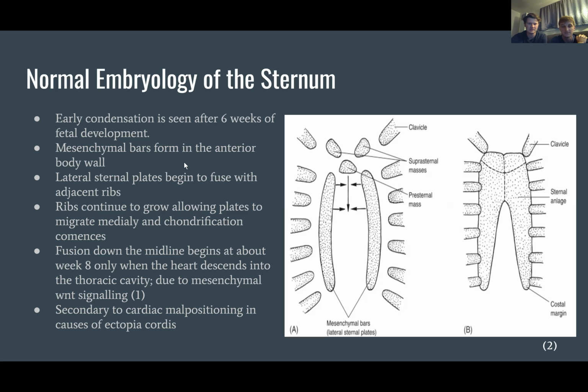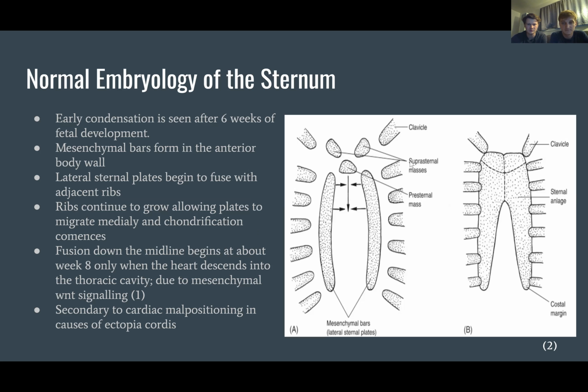Here we see the beginning stages of this sternal development. We have these mesenchymal bars, also known as lateral sternal plates, which are embedded within the anterior body wall. As those begin to condense, they'll eventually grow enough to start connecting with the ends of these primitive rib formations.